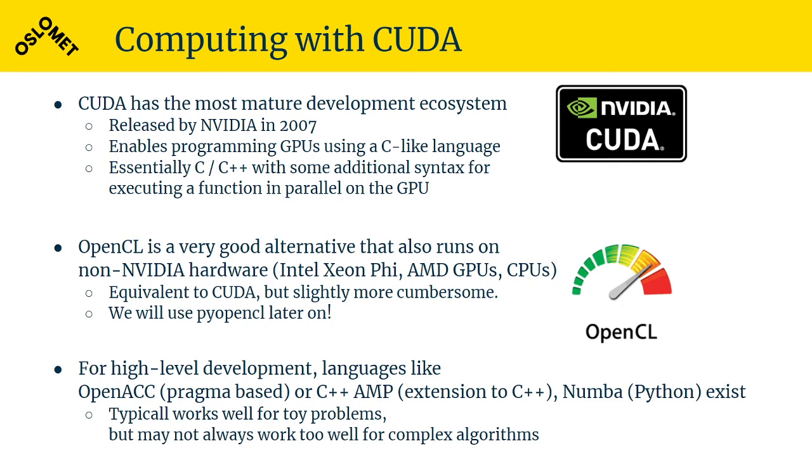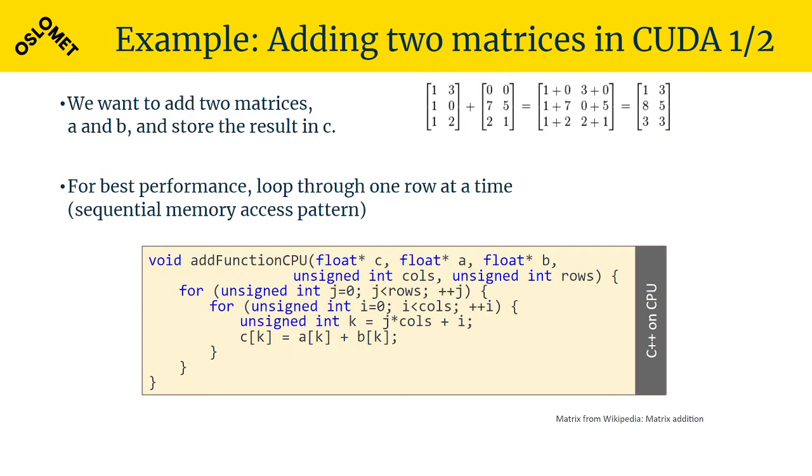Built at a higher level than this are OpenACC, C++ AMP, Numba, and so on. These work very well for toy problems, but often they have problems with automatically moving data. So by using these, you have to phrase your program carefully so that it looks like what the languages expect. You cannot do all the tricks that you can with OpenCL and CUDA.